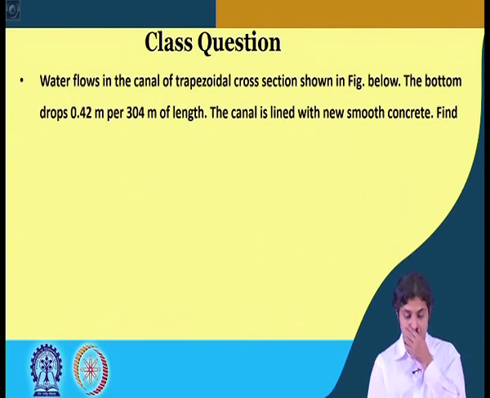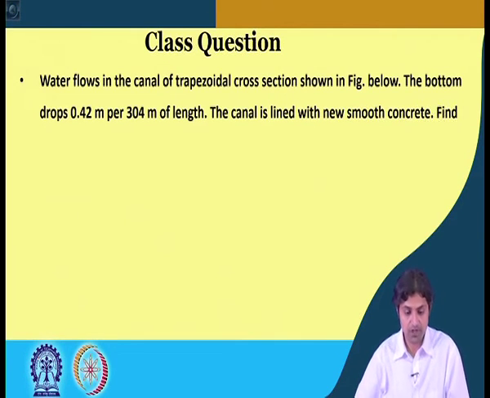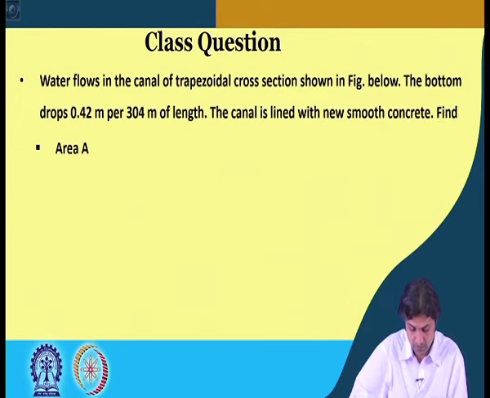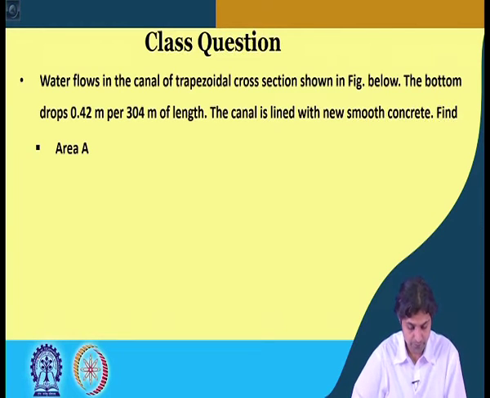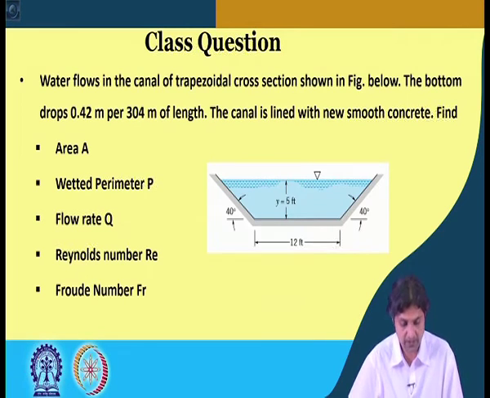So, we start by doing a class question. The question is, the water flows in a canal of trapezoidal cross section which is shown in the figure below. Let me see where the figure is. We have to find the area A, wetted perimeter, flow rate and Froude number for this case.